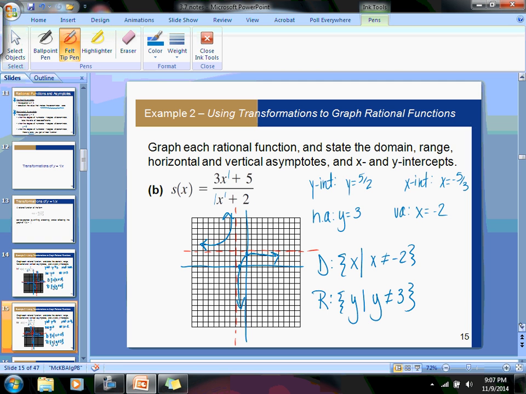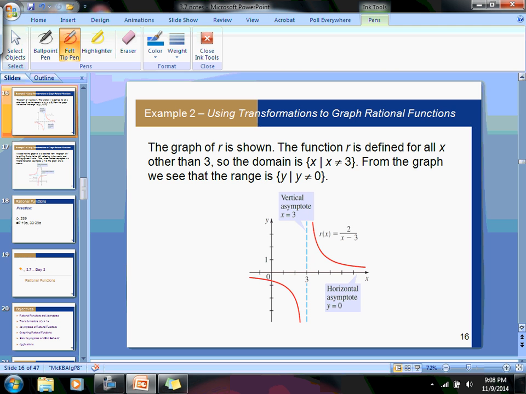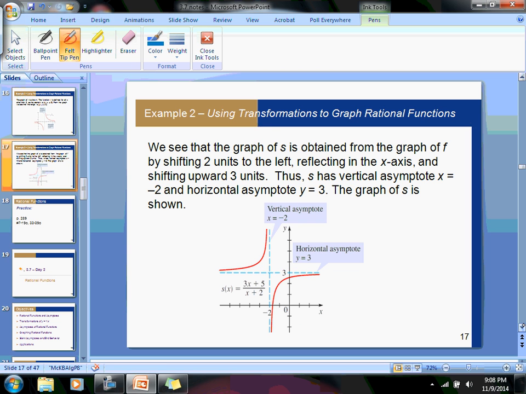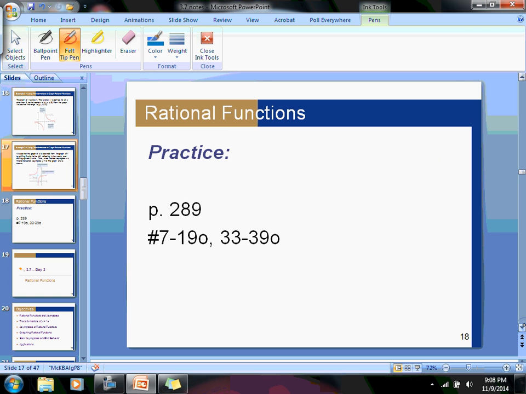Okay, so the best way to approach these graphs for now is just to find your horizontal and vertical asymptotes and then do a couple test points on either side of your vertical asymptote and see if you get positive values out or negative values out, so you know if you're above or if you're below your horizontal asymptote.